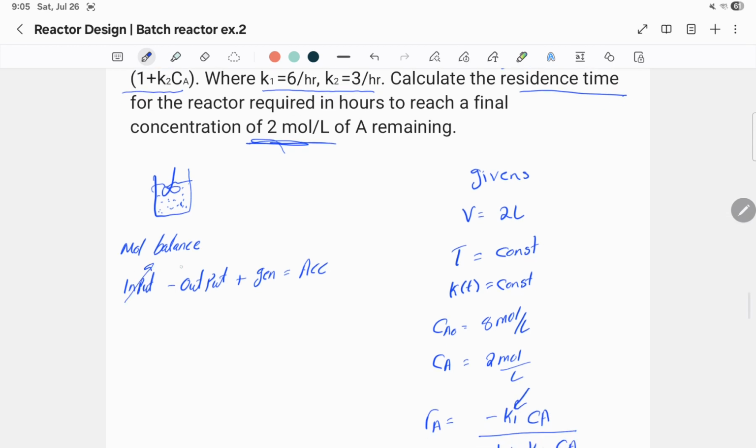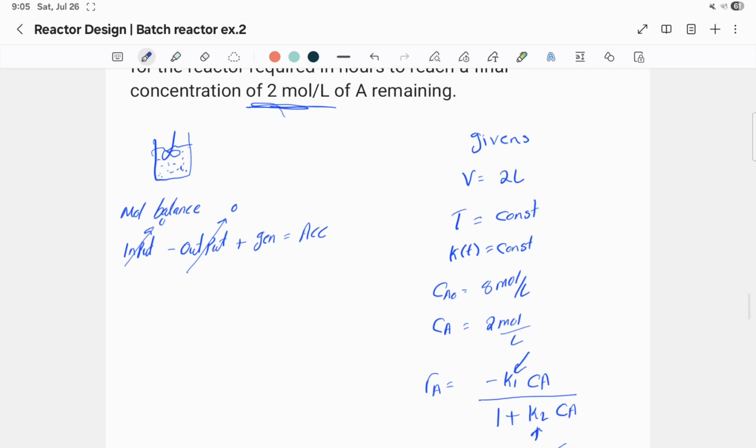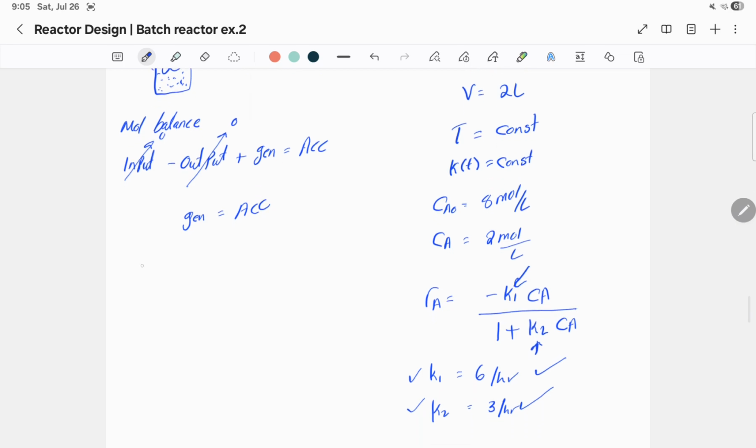Now these two terms are going to be 0 since there's no inlet stream or outlet stream in a batch reactor, so the input and output will be 0. We'll be left with generation equals accumulation. Generation, as we reviewed in the previous videos, equals rate of reaction times volume. And the accumulation is the change in moles over the change in time.